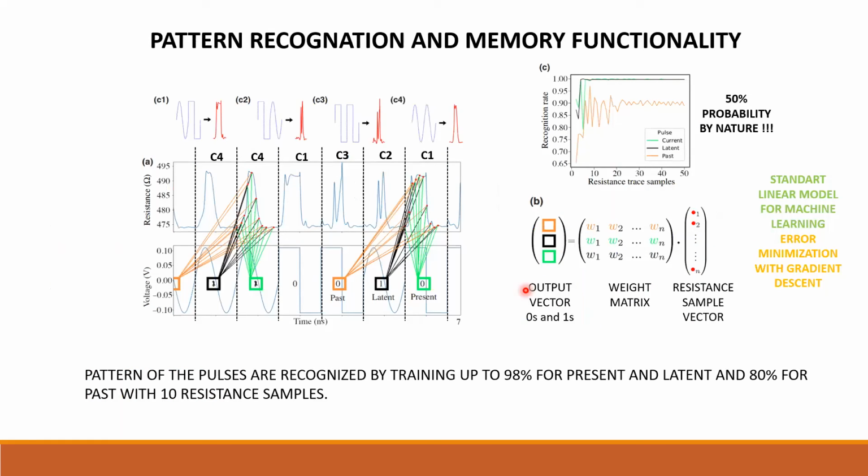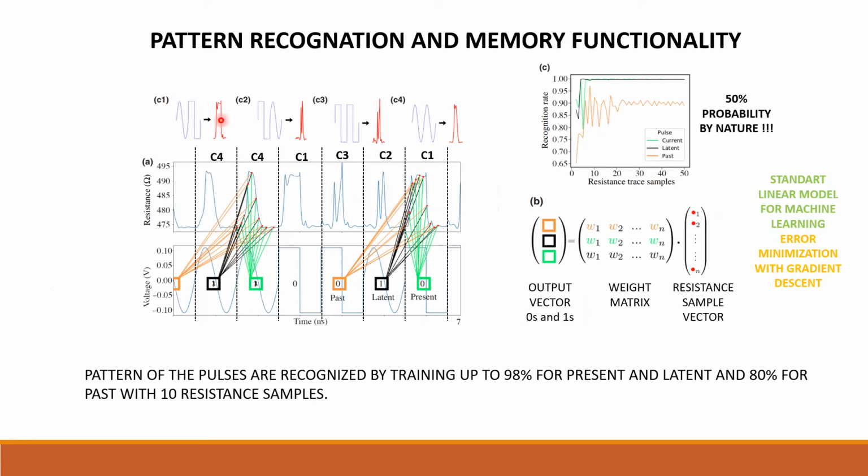Here, I will talk about how the patterns are recognized and used for possible memory functionality implementation. As I mentioned before, the key concept in this paper is the nonlinearity, and the driving frequency is chosen such that the nonlinearities are largest.